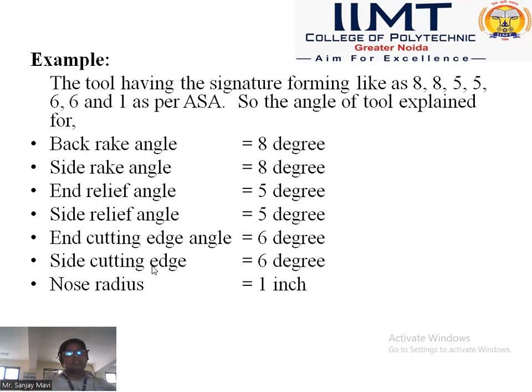Side cutting edge angle is 6 degrees, and nose radius is 1 inch. So by giving these numbers, we can explain the different angles associated with the cutting tool.